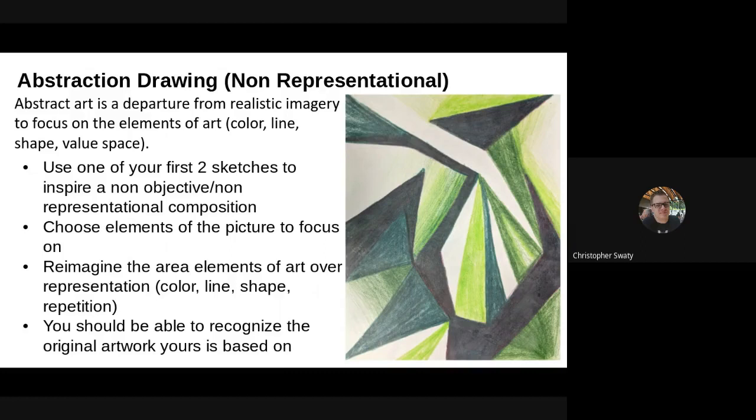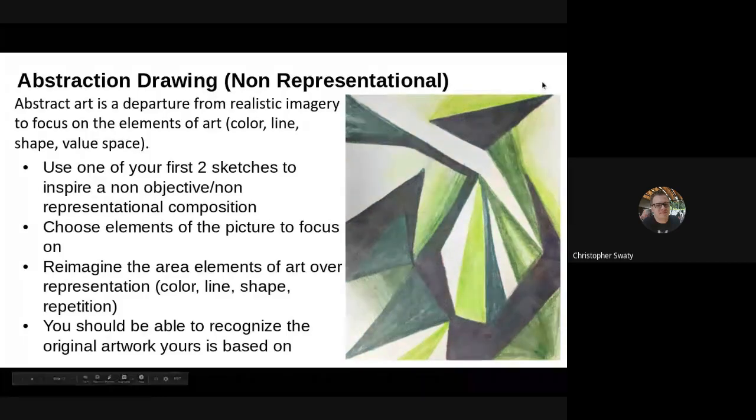We're using the word composition because you're not drawing anything in particular. You are just focusing on how you can make that interesting on the paper. That also means that on this one, it needs to be a full page composition.